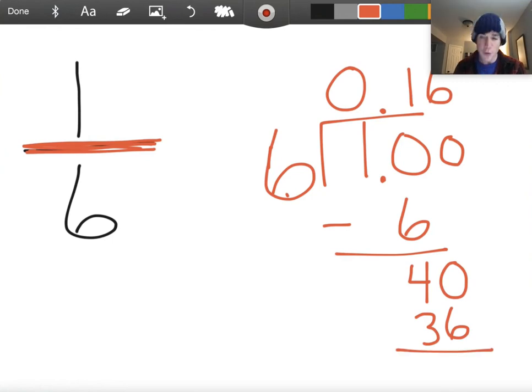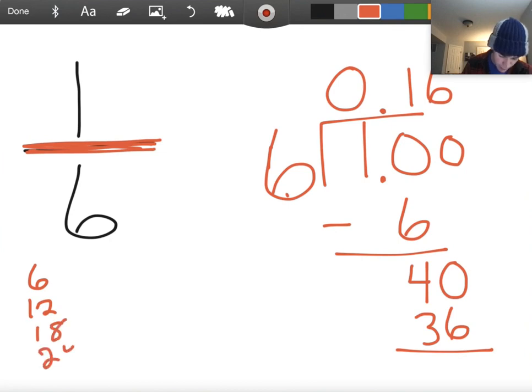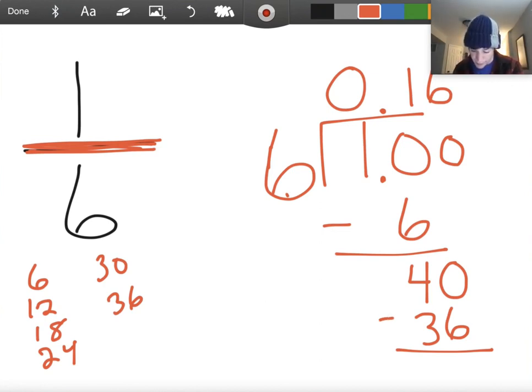And by the way, if you needed to, you could be writing down your multiples of 6 if it helped you. 6, 12, 18, 24, 30, 36, and so on. You might need to do that, and if that's the case, then that's fine. 40 minus 36 is 4. Again, bring down another 0. And you're going to notice something's going to happen here. I'm going to get another 6, and this is going to repeat.